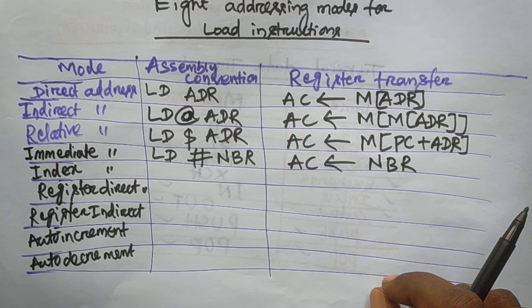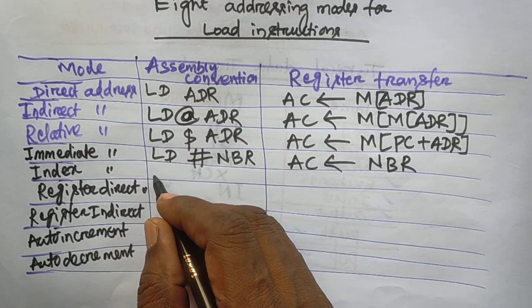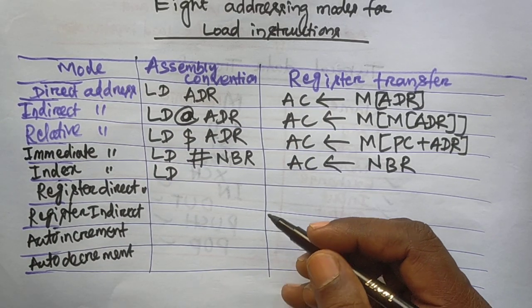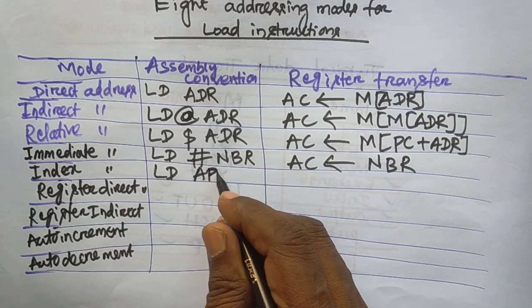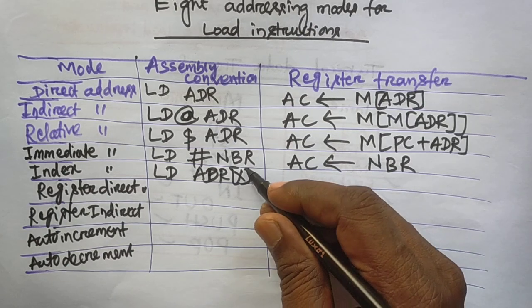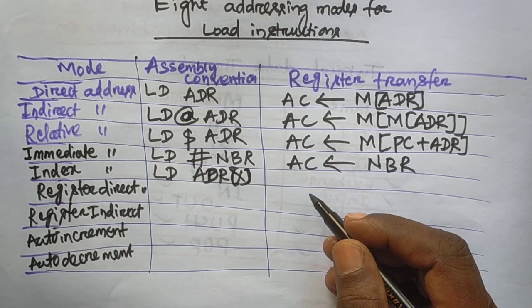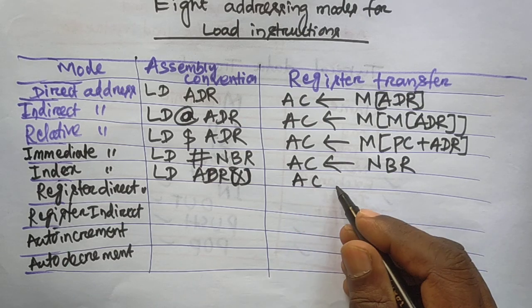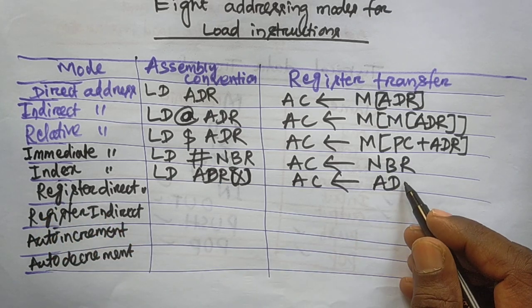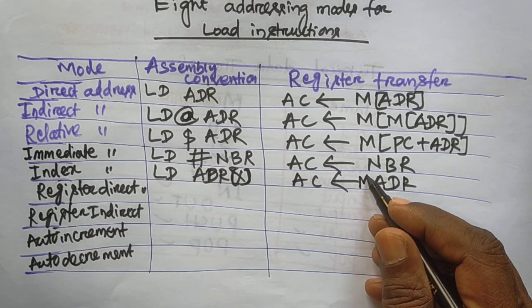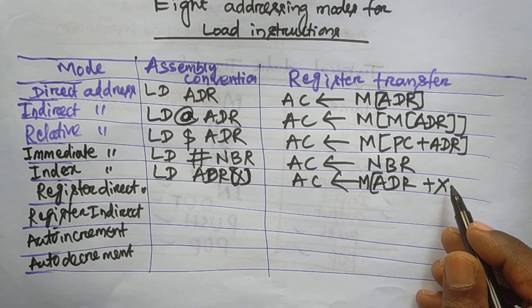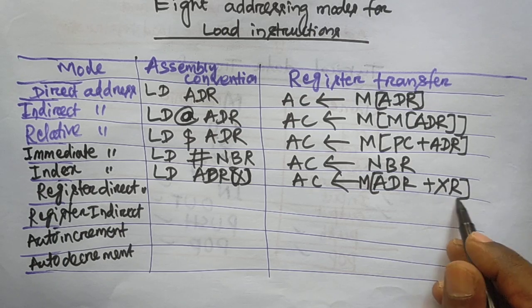Next, index. If we go through index, similarly we use load LD. Index means the address register of X. Similarly for SC, the address is defined through memory: address register plus XR, where XR is the index register.